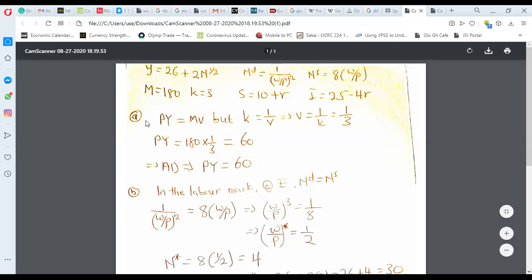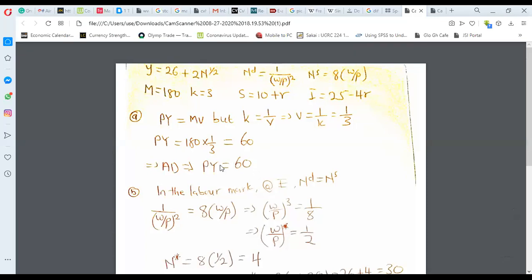So we go back to the equation PY is equal to MV. In the question, we're given M as 180. Now we have our V as 1/3. So when you do the math, you get 60. So PY is equal to 60. You can write it like this, or you can write P is equal to 60 over Y, however you want to write it. So this is our AD function or curve. Is that okay?